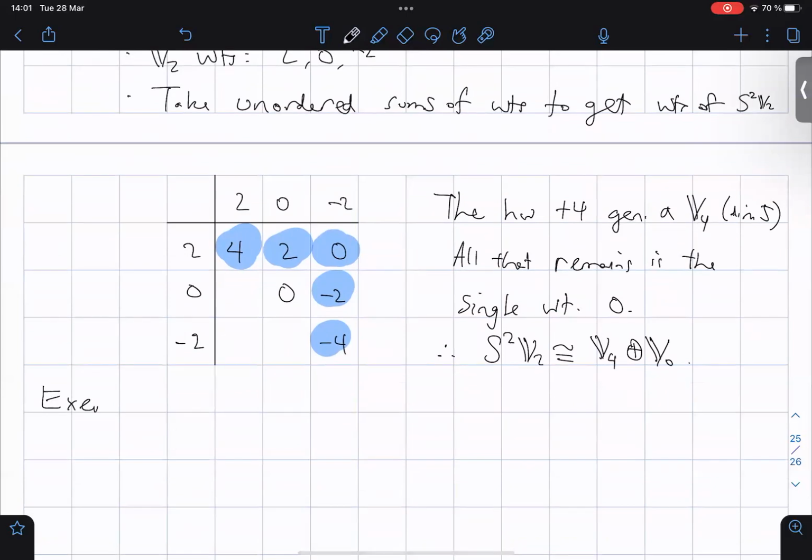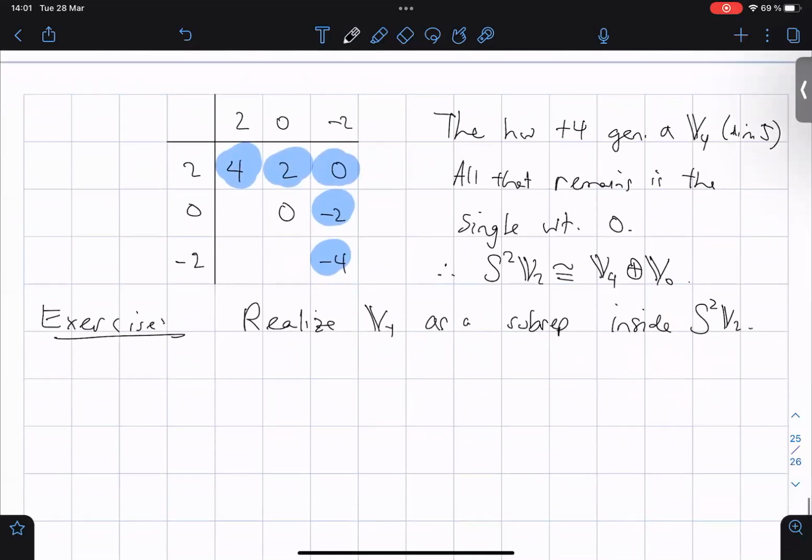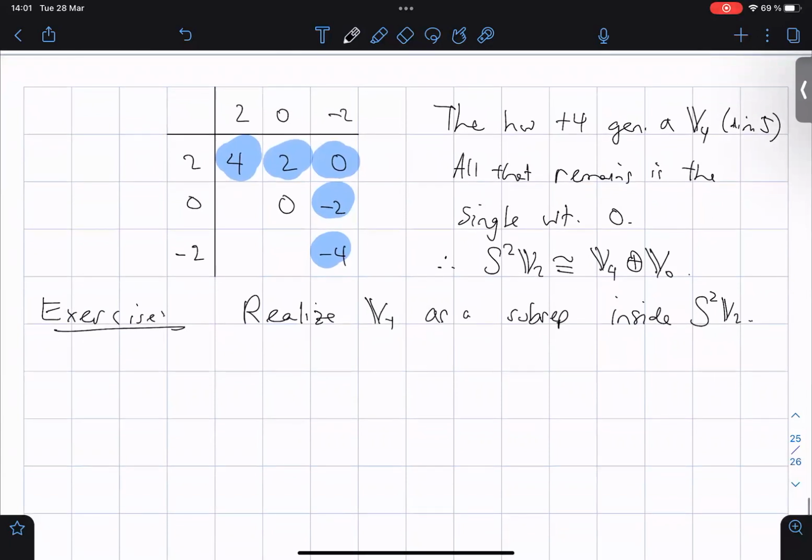It's a similar exercise as before, but now working in a symmetric tensor product. So realize V4 as a subrep inside S2 V2. I'm actually going to do the V0 in the next example. But let me just end off with a remark.